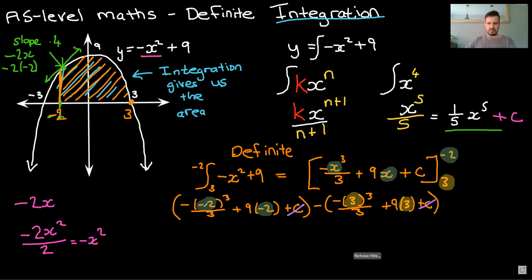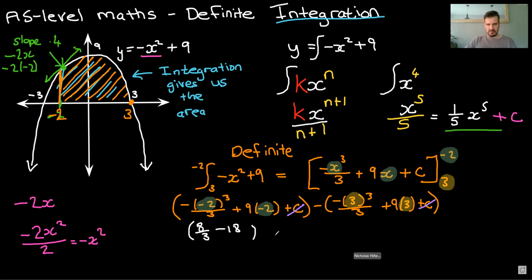If we want to put these values in our calculator, -2 to the power of 3 is -8, and then the negative makes it +8. So we have 8 over 3, and this would be -18. Let's put those values in: 8 over 3 minus 18.